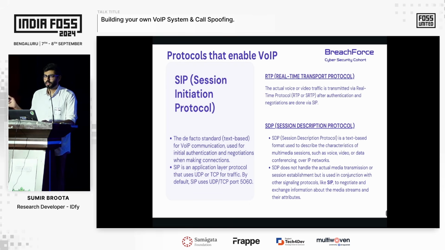It's only for the initiation of the connection. Then for transmitting voice data, you'd be using RTP, which is the Real-time Transport Protocol. And if your provider is very conscious about security, they would be using SRTP, which prevents clear text data traffic. But as we'll see, let's go ahead and find out what the issues are.